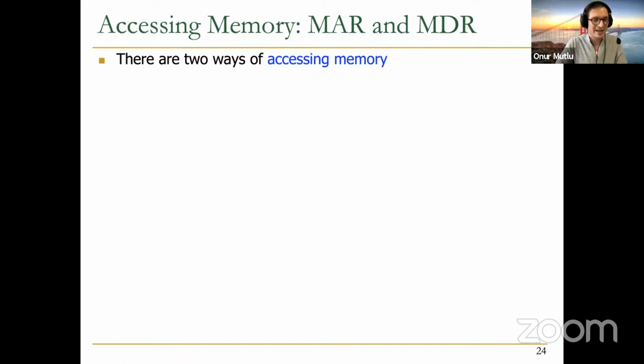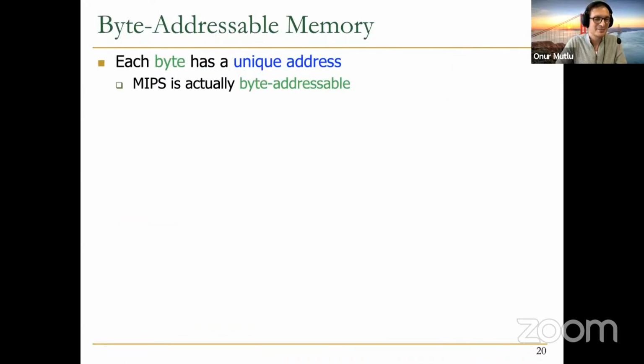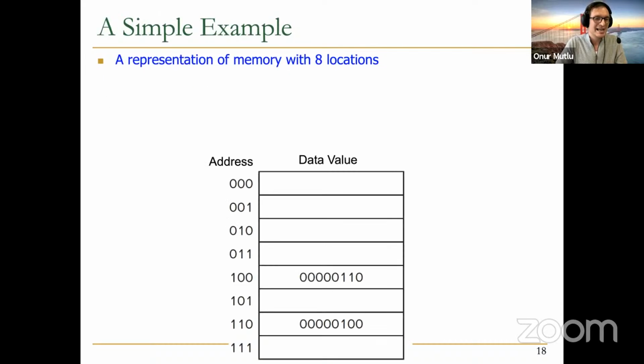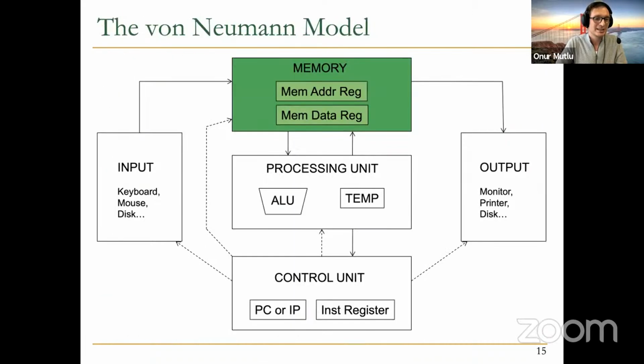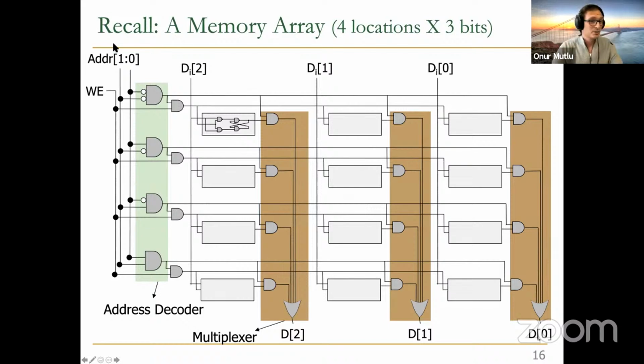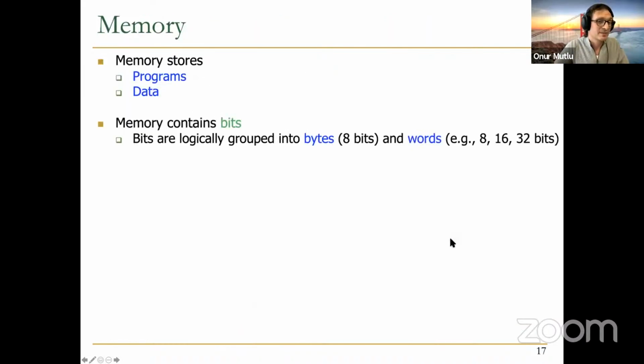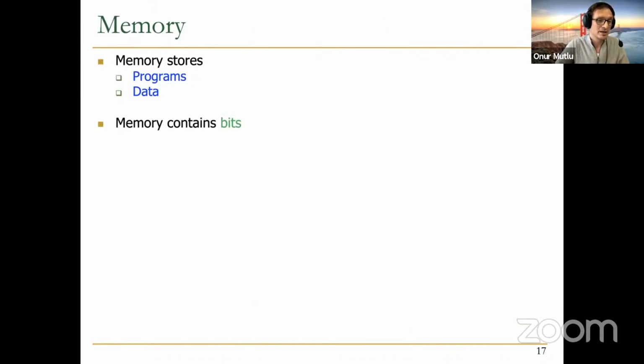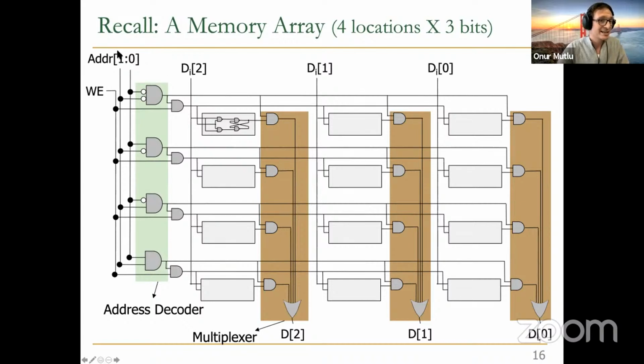Okay, so there we learned that logic. Actually, if you go back very quickly, this memory does exactly that, right? What I showed you earlier. Yeah, this one. Basically, you put the address, ignore the write enable for now. That's going to be the next thing. You put the address, the data comes out sometime later, subject to the delay of the circuit over here, right? That's essentially what we are going to do. Basically, the address will be stored in a memory address register over here, and the data will be stored in a memory data register.